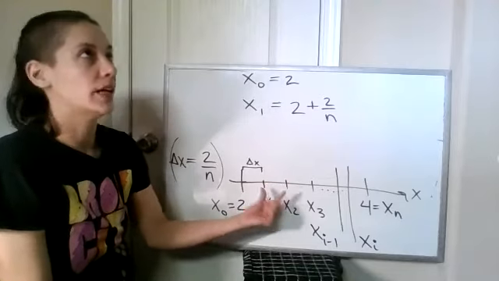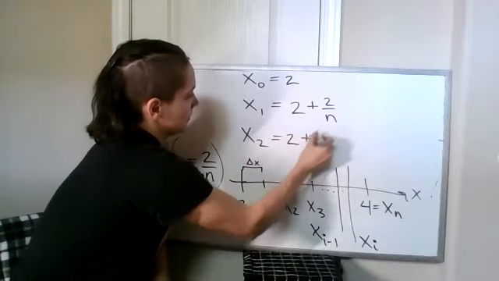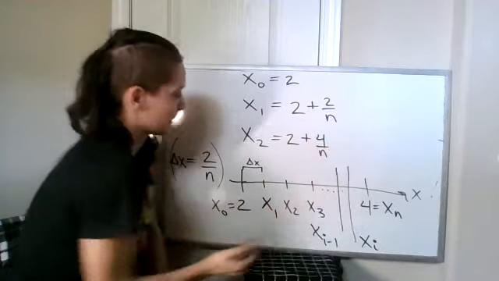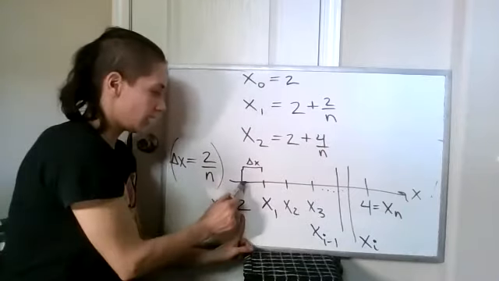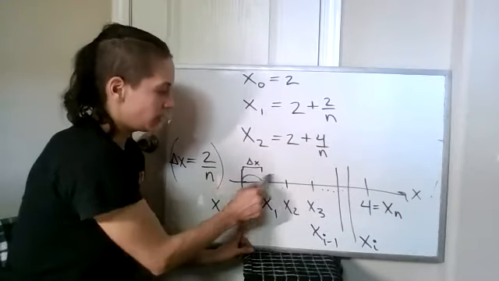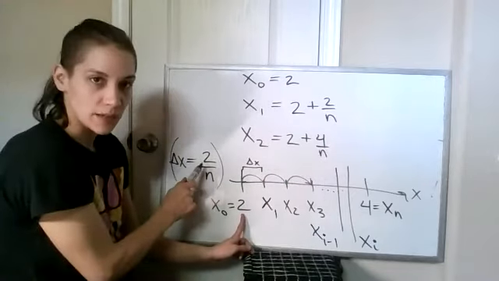So 4 over n. Okay, you get to x sub 3 by starting at 2 and then adding 2 over n, 2 over n, 2 over n. So you're going to add 6 over n.